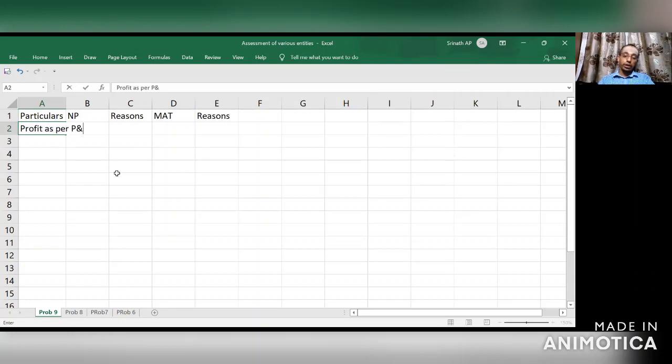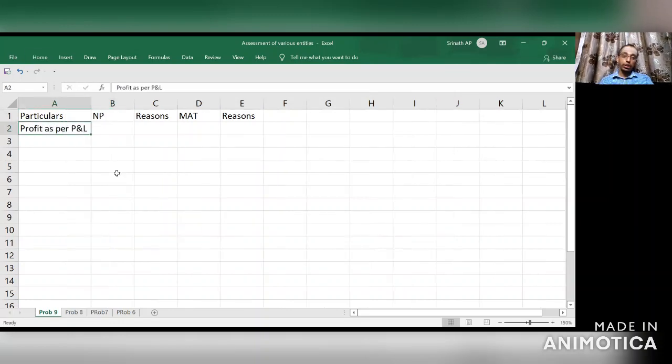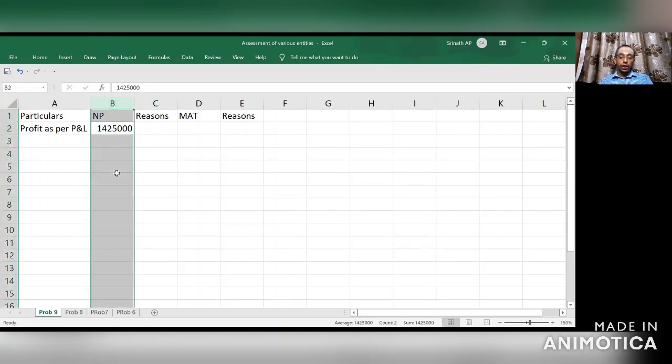Profit as per P&L. So you have particulars, NP is normal provisions, reasons, MAT, and reasons. Profit as per P&L 14,25,000.